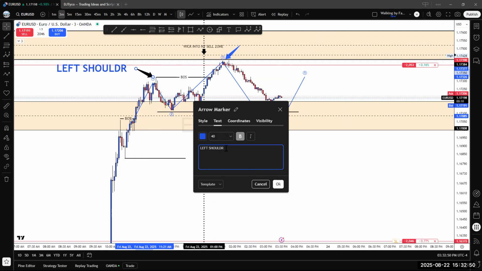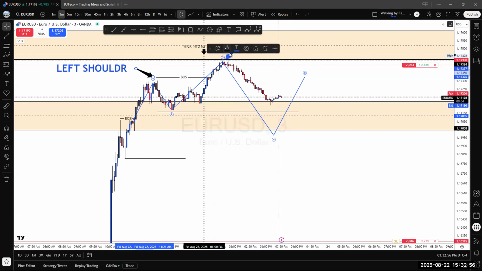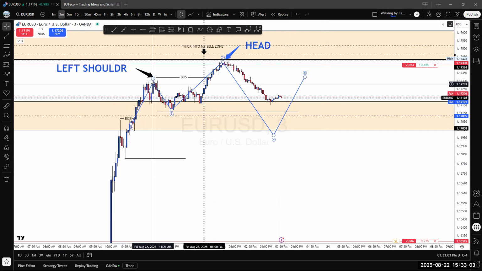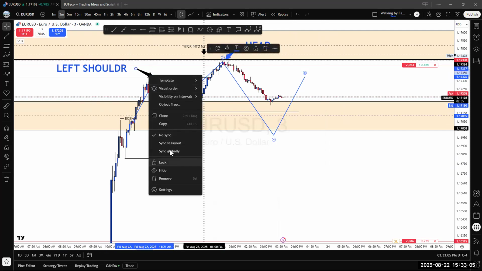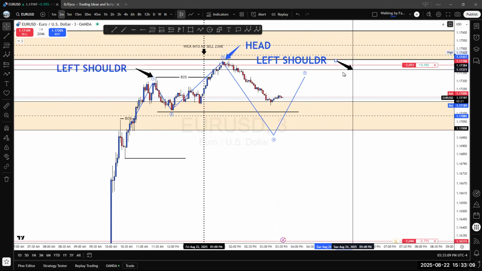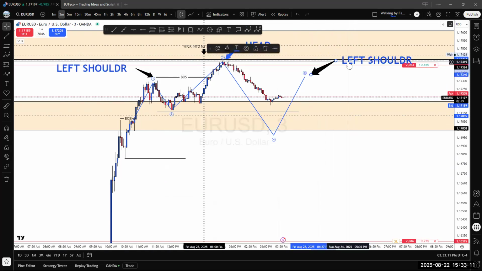I didn't even know what a higher high or higher low was. But now I know, and it makes sense.